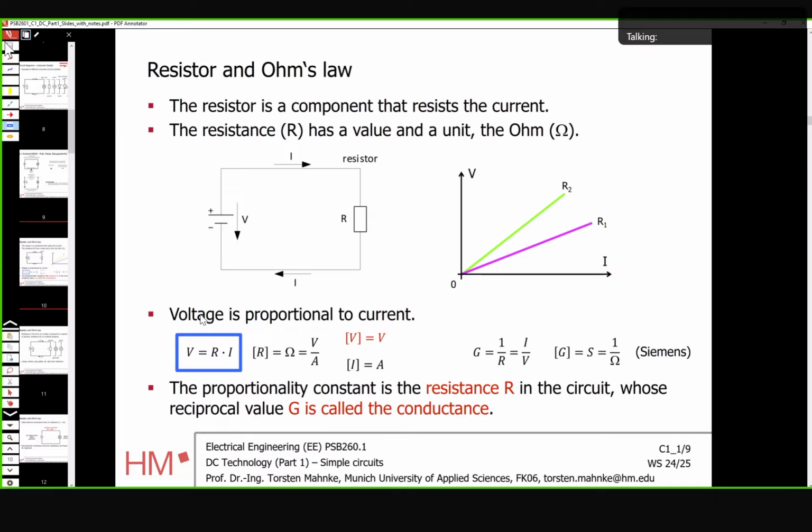Well, the conductance, you see it on the right here. Is it I equal to A? I is the current, and the unit of the current is the amps.